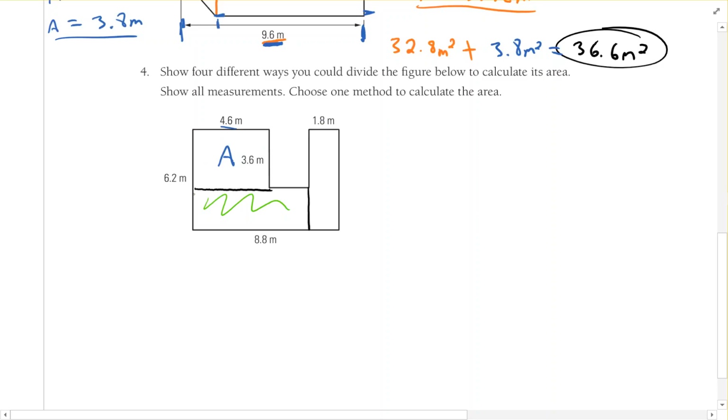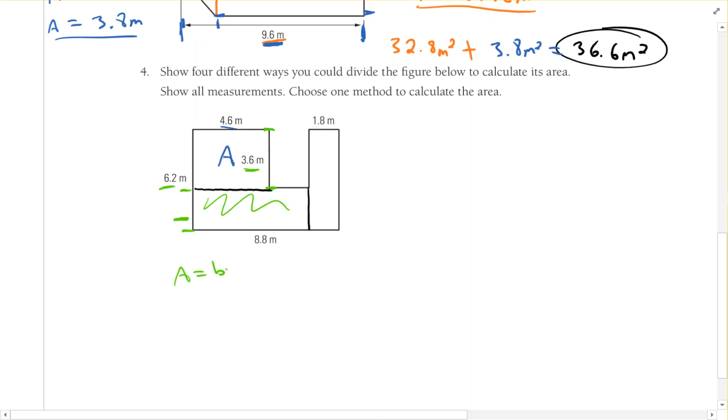So if we want to figure out what the distance from here to here is, our height, well, it's 6.2 for the whole thing, right? The whole length of that is 6.2. And if I took this 3.6 and subtracted that part, what I should have left is this. That would be your height for that part, right? So we've got our height there.